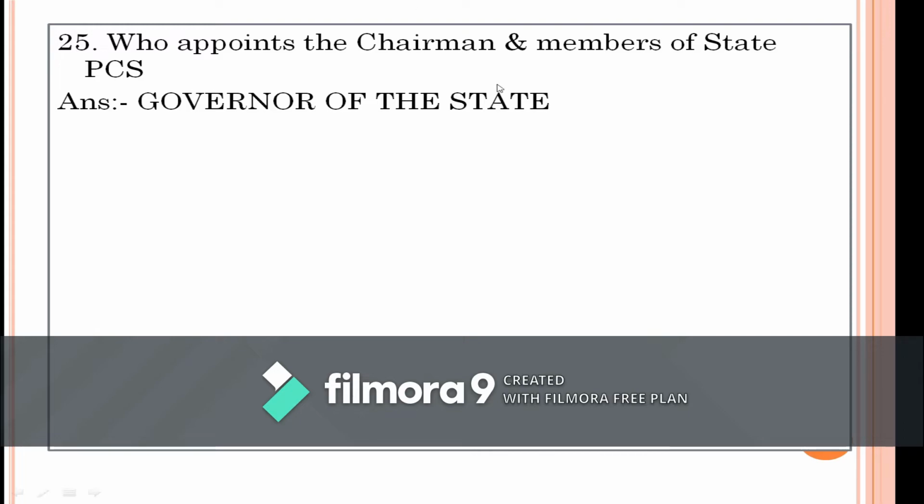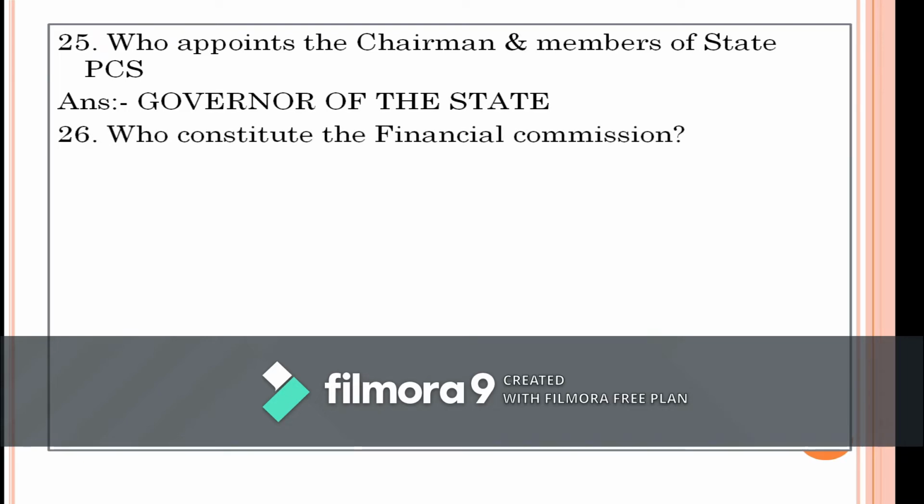Always remember. And one additional question I will give you here. If the question is, who appoints the chairman and members of UPSC? Then your answer should be the President of India.